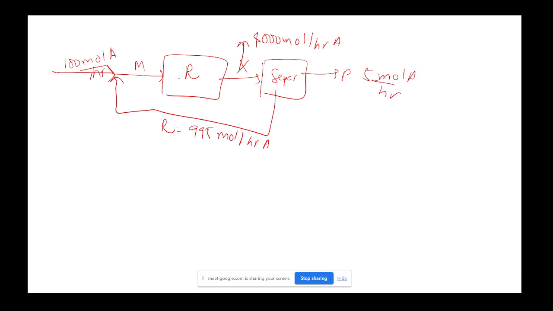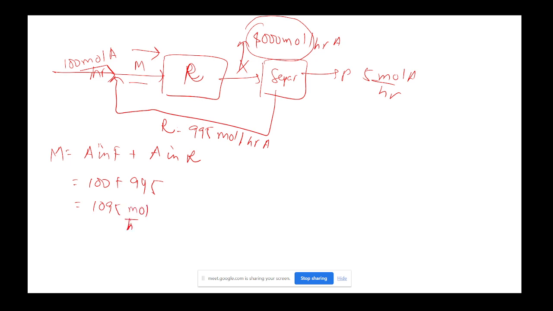To find out the conversion in reactor R, what we need is moles going into the reactor and moles going out of the reactor. The moles going out of the reactor we know, and moles going into the reactor, which is in M stream, is nothing but M equals A in F plus A in R, which is 100 plus 995, which equals 1095 moles per hour.